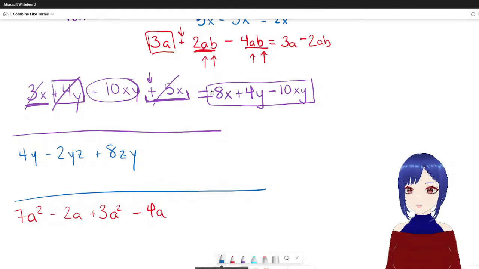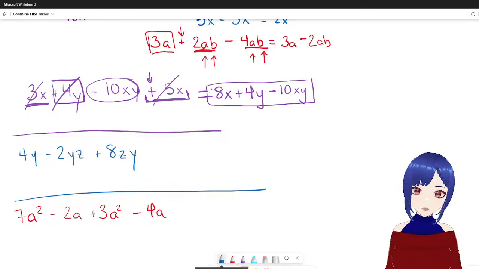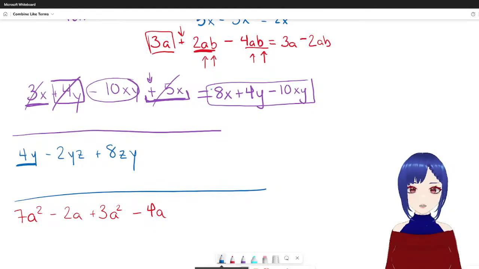Alright, the next one I have here, I took into effect the last thing I talked about. So we have a 4y. I'm going to look for something else that just has a y. It turns out that it's the only one because the other two have a y and a z and a z and a y.